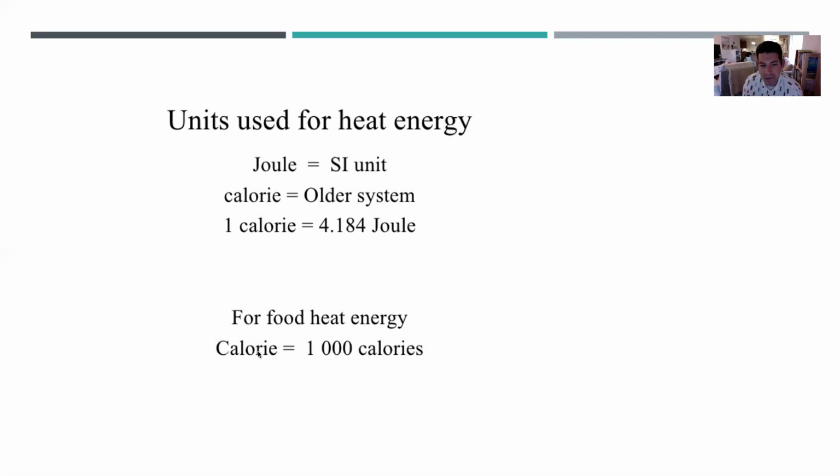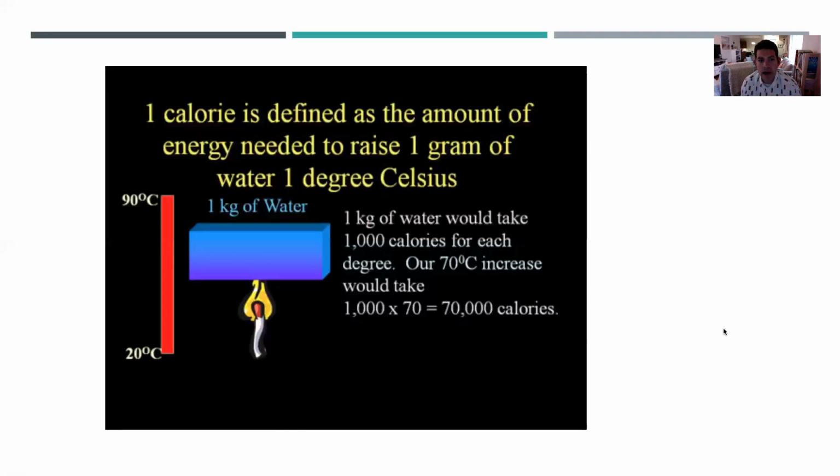And so a capital C Calorie equals 1,000 calories. So I guess if we're eating 160 capital C Calories, we felt better than saying we were eating 160,000 calories. So something unique about our American system of measurements. And again, a calorie is the amount of energy to raise 1 gram of water 1 degree Celsius.